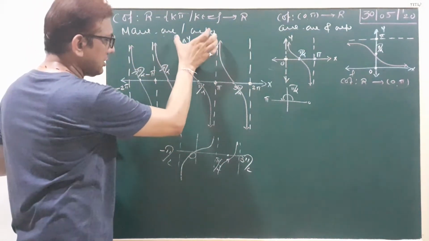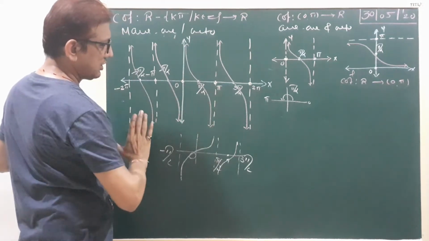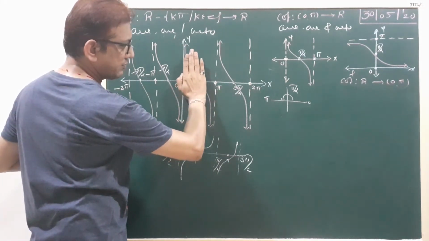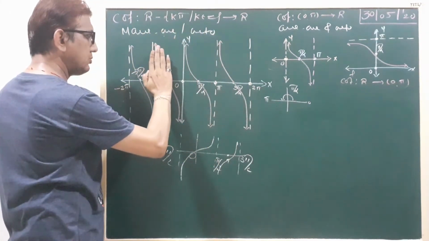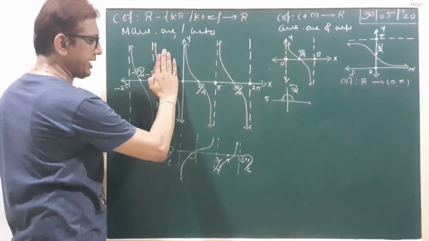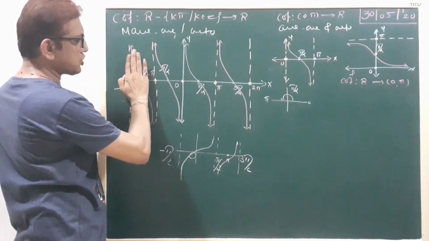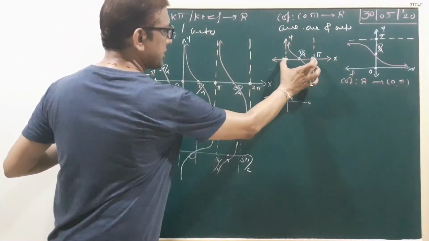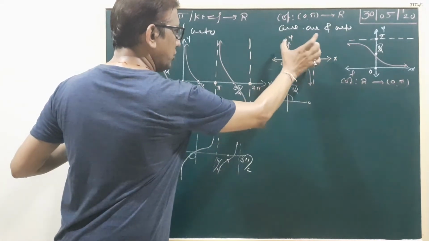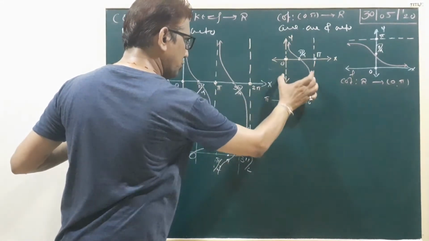Now we select a limited area. You can select 0 to pi, otherwise pi to 2 pi, otherwise on the left side of the y-axis minus pi to 0, otherwise minus 2 pi to minus pi. But in our textbook this portion is selected. So here select 0 to pi.